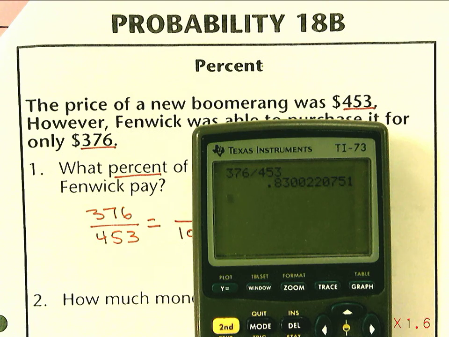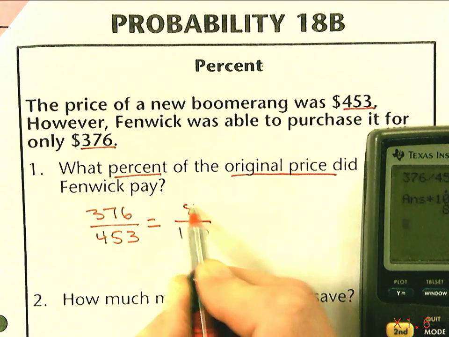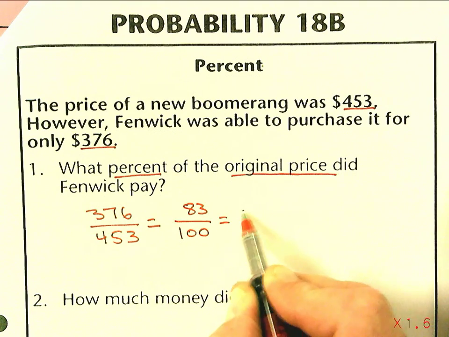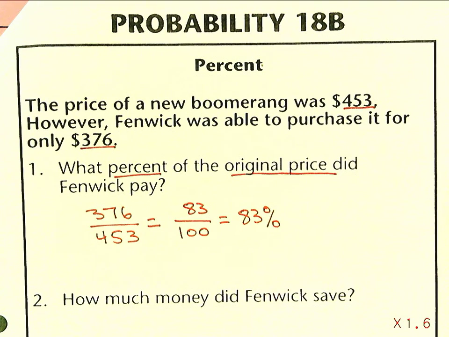We want to change that to a number out of 100, so we're going to multiply it times 100 to move the decimal point over 2 places, or you could just do it in your head and know that moving it 2 places is going to make this 83.00 and a bunch of other numbers, and so we're going to round that off to 83 out of 100, which now gives us a percent, 83%, and that's what we want to do when we calculate percents.